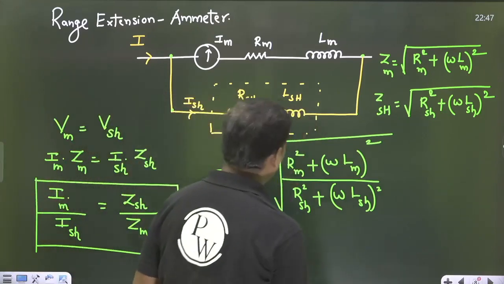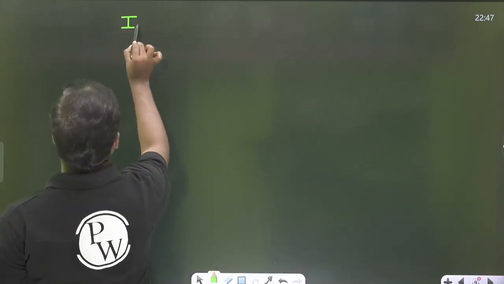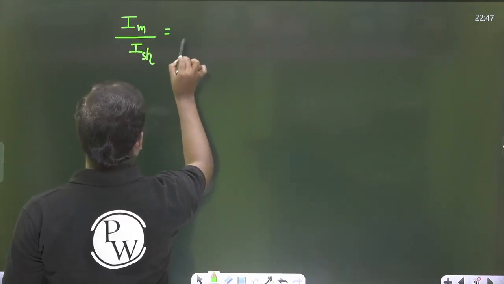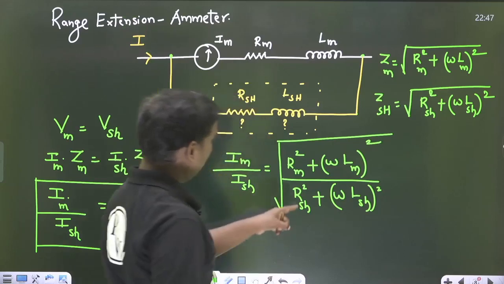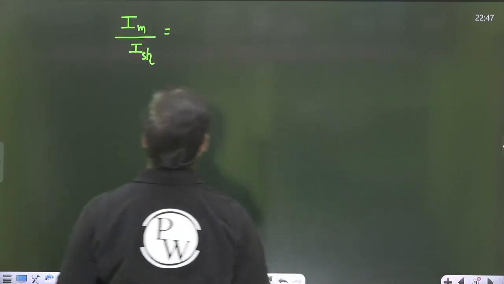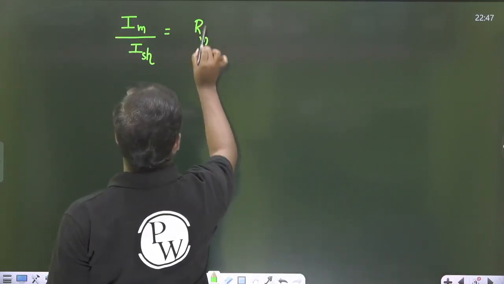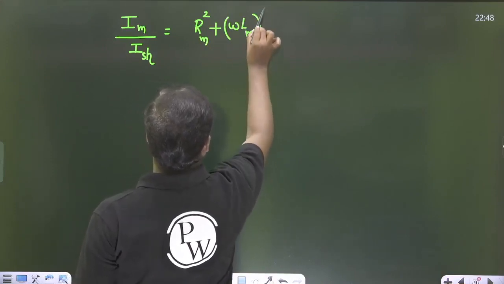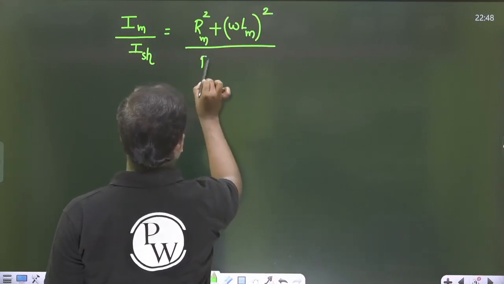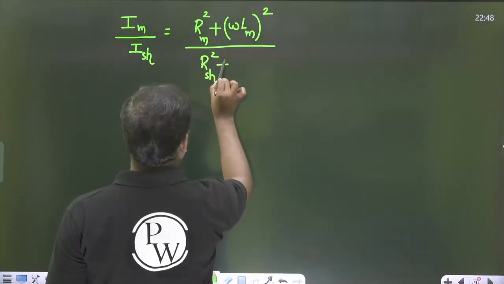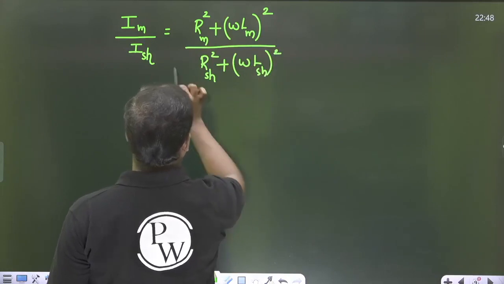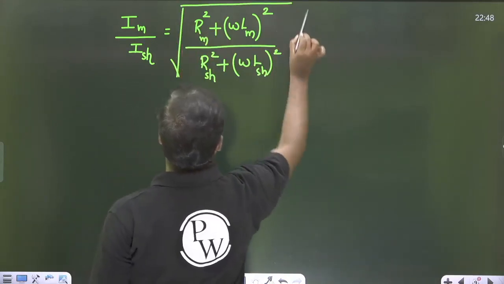How? Let me take IM by ISH is equal to square root of RM square plus omega LM whole square, divided by RSH square plus omega LSH whole square, and this is the square root.